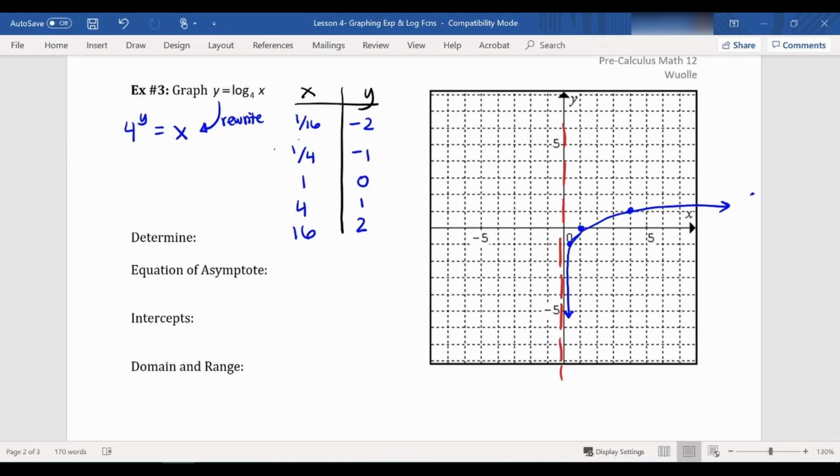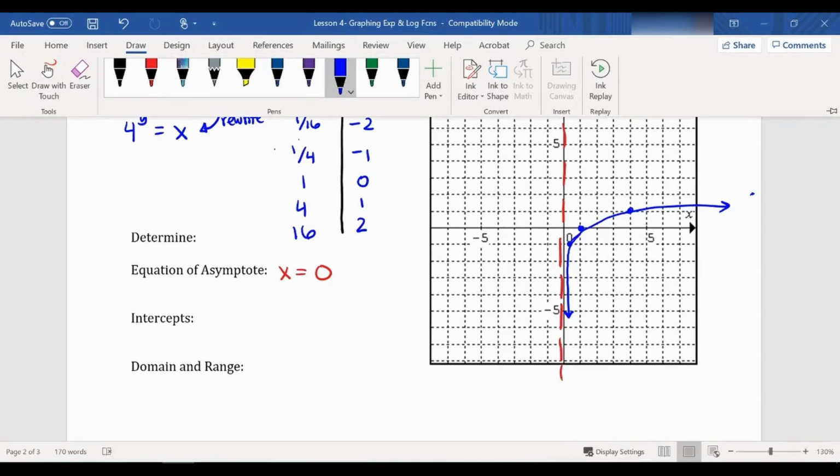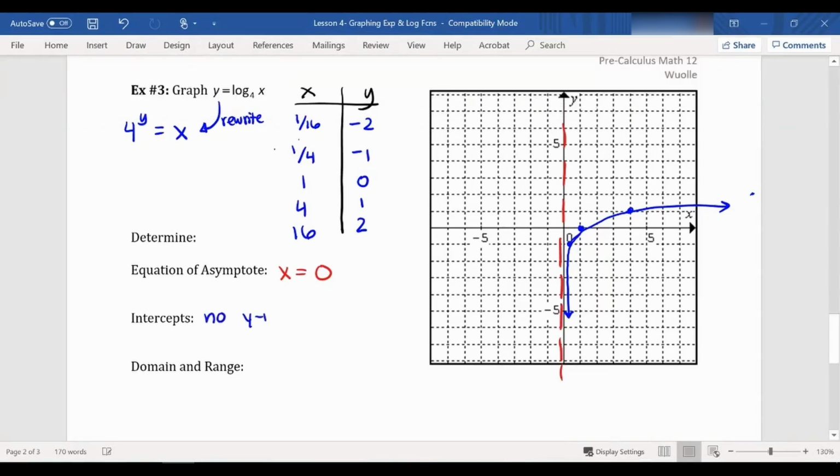My asymptote is x equals 0. So notice that for your exponential, your asymptote was y equals 0. For your log, your asymptote is x equals 0. We have no y-intercept, and my x-intercept is at 1, or (1, 0).